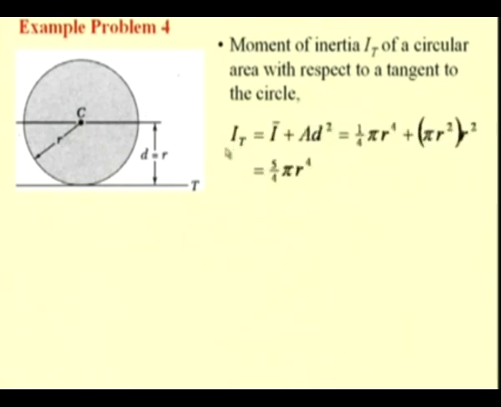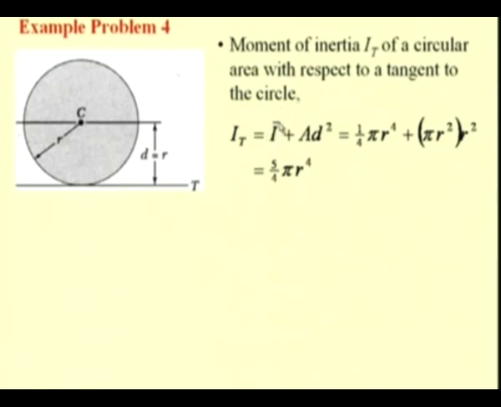So, we have this I t, or the second moment of this area with respect to this tangential axis, as the moment of inertia of this area with respect to this centroidal axis, I bar, plus A times d square.